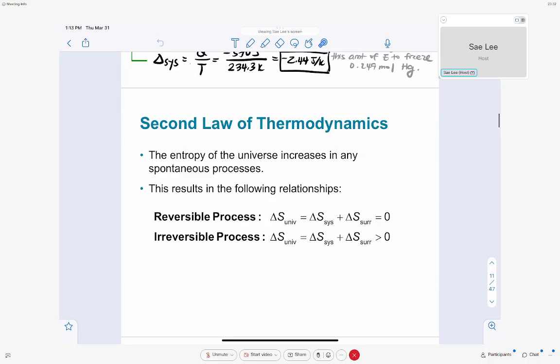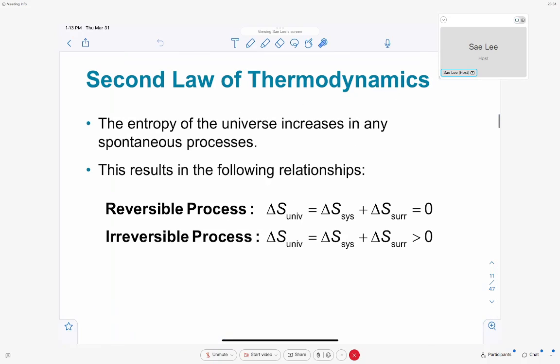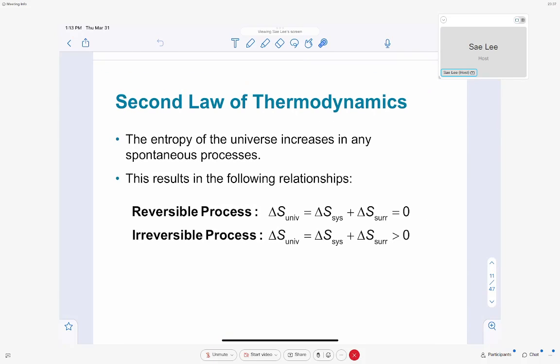Today, we're going to move on to learning about the change in entropy of the universe. The total entropy change of the universe can be calculated by adding the change in entropy of the system and the change in entropy of the surroundings.